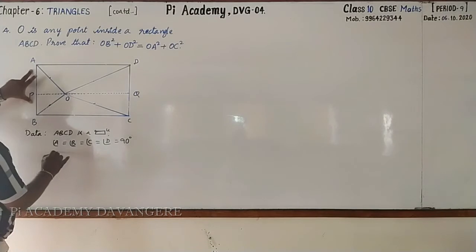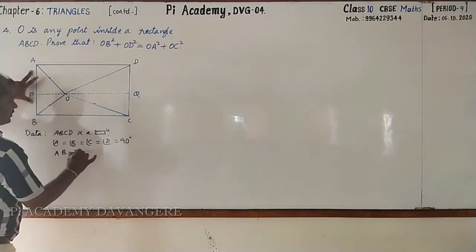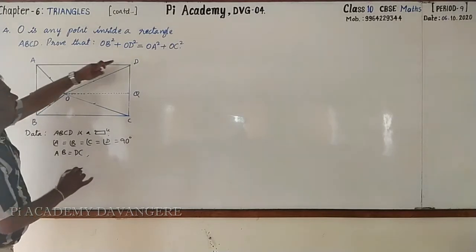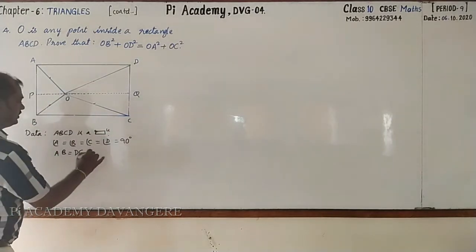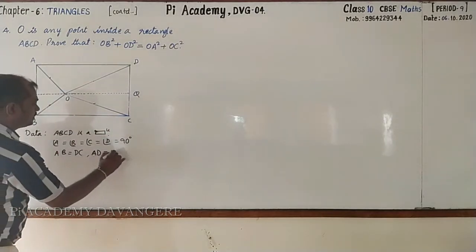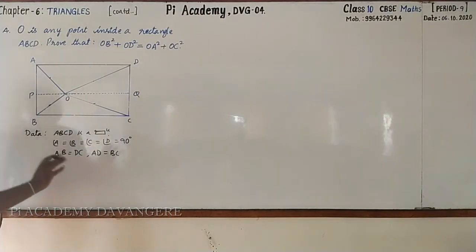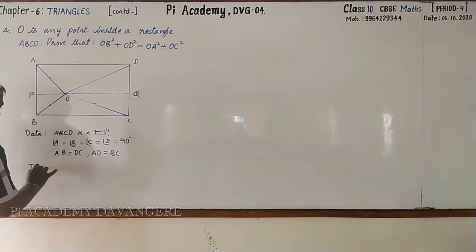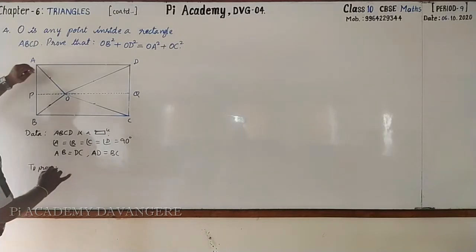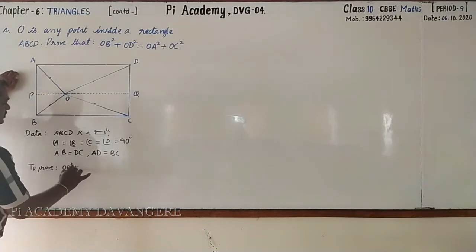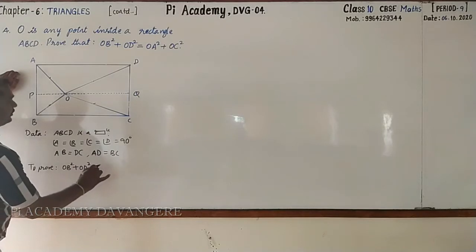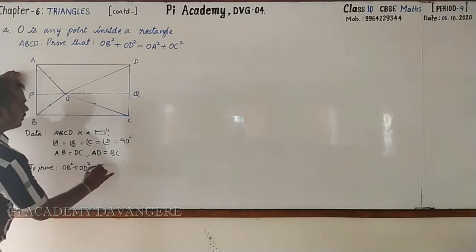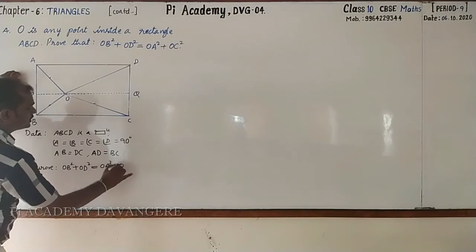I write AB equal to DC and AD equal to BC. With this information, we have to prove OB square plus OD square equal to OA square plus OC square.